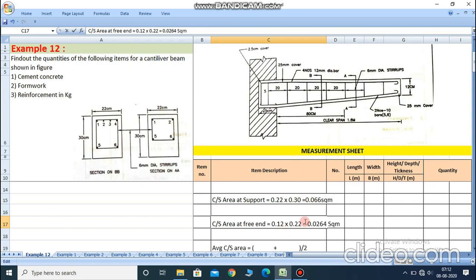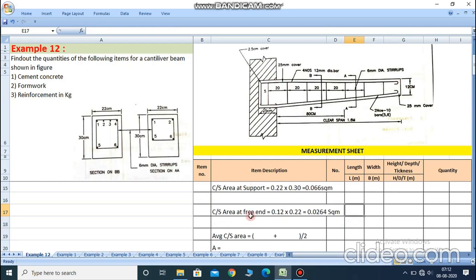Now, for the average cross section area, since we have the lesser thickness and the higher thickness, we take the average cross section area of the cantilever beam. So we write 0.066 plus 0.0264, divided by 2.